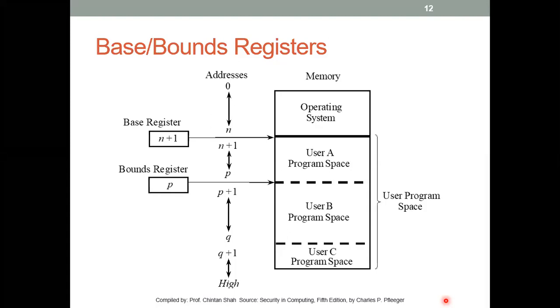Now, because user space is divided, you can accommodate multiple users in a single memory program space. So here you can have multiple programs for multiple users, which is possible in case of a base bound register. And to protect one user from another user, you have the concept of a base register and a bound register. We are going to see what is the difference. But before that, it helps you to relocate or to move.